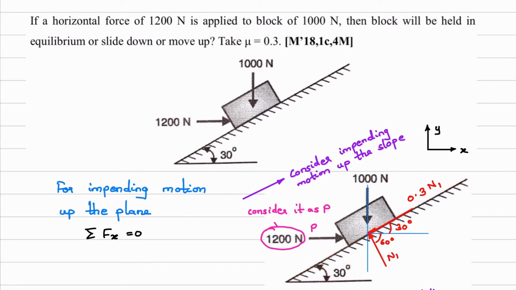P is horizontal, then normal reaction N1 is perpendicular to the inclined plane, and since we are considering impending motion up the plane, friction force is down the plane. What will be the value of friction force? Mu into N. Mu is 0.3 into N is N1. So 0.3 N1 is the friction force.